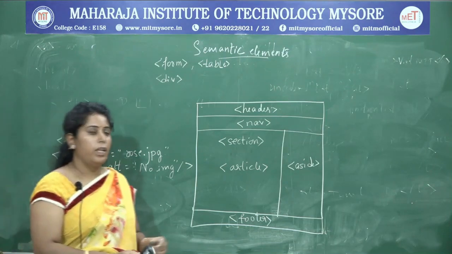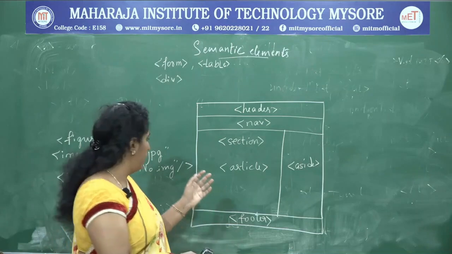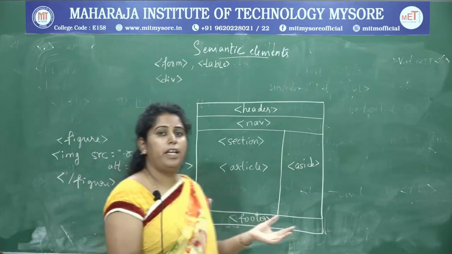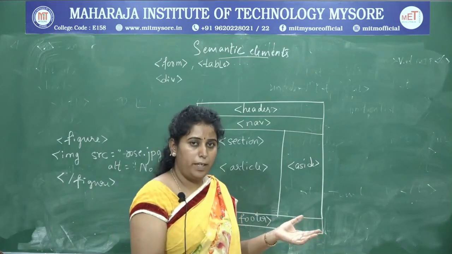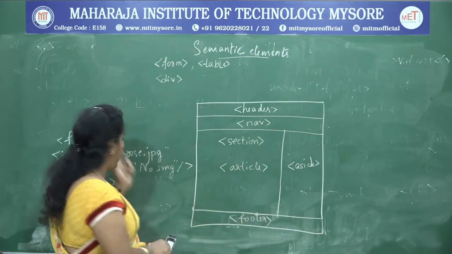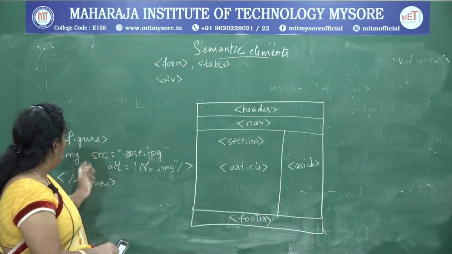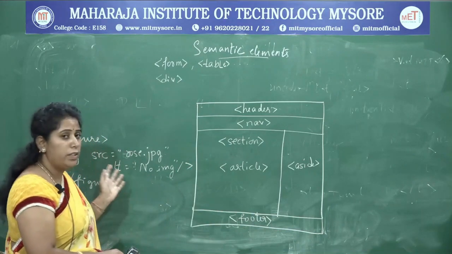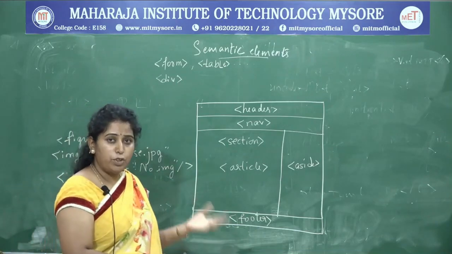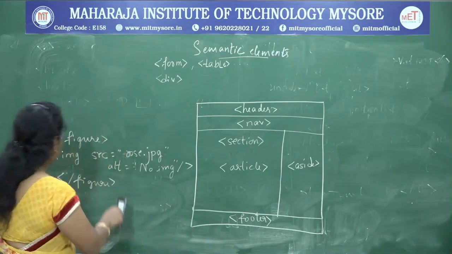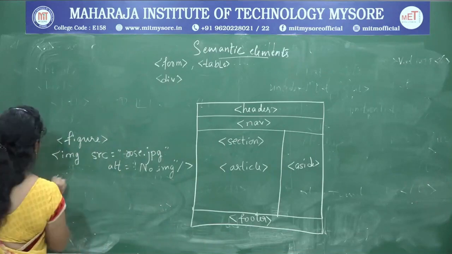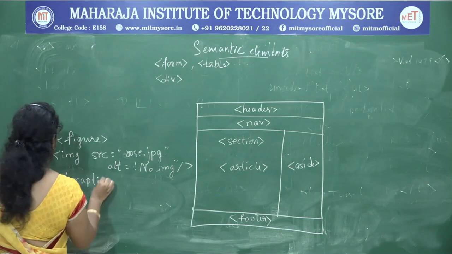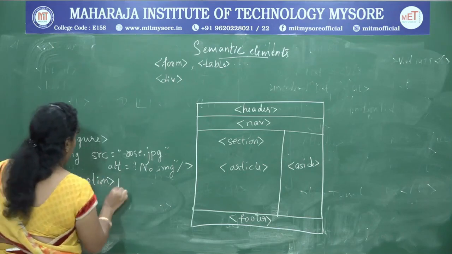This is how, while creating a web page, in order to display an image on the document, you can make use of a tag called figure. So using this you can display an image in the web page. Along with that, if you wish to give some caption to the figure, you can use figcaption.